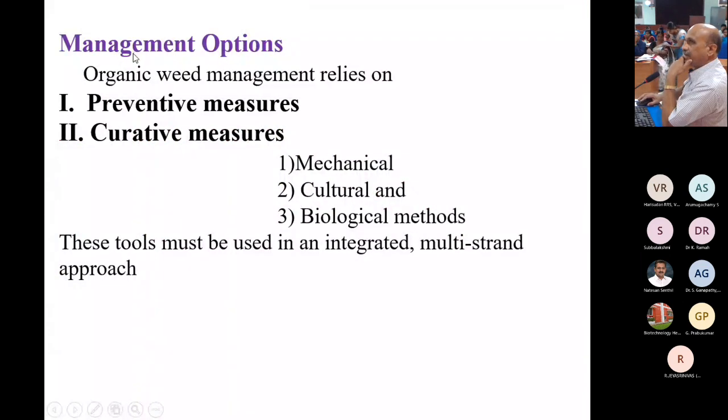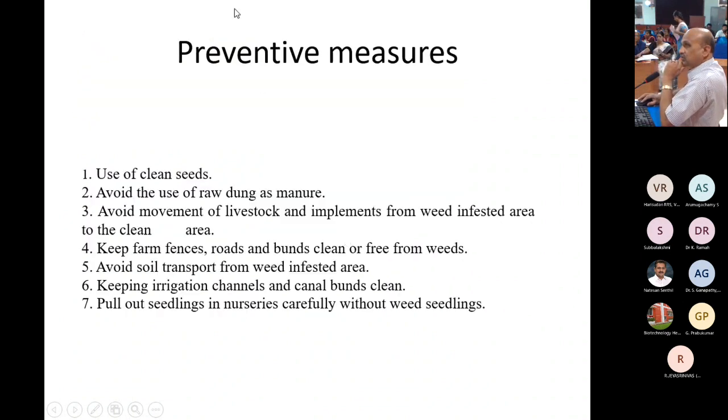Okay, as far as management options are concerned, there are preventive measures and curative measures. Mechanical, cultural, biological means of weed management you know well anyway. Prevention is always better than cure. In that line, in organic means of weed management, stale seed bed preparation is most important.